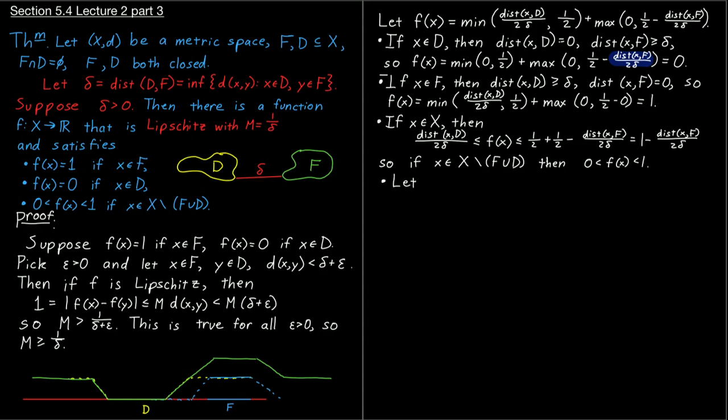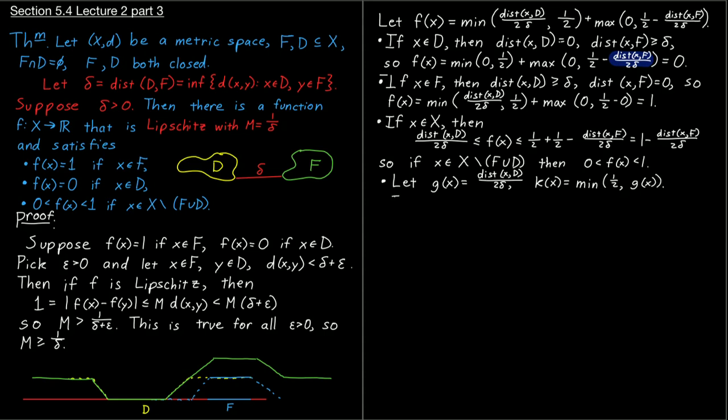This will be easier if we define some helper functions. We'll let g of x be our distance from x to d over 2 delta, and k of x we'll take to be the minimum of 1/2 and g of x.